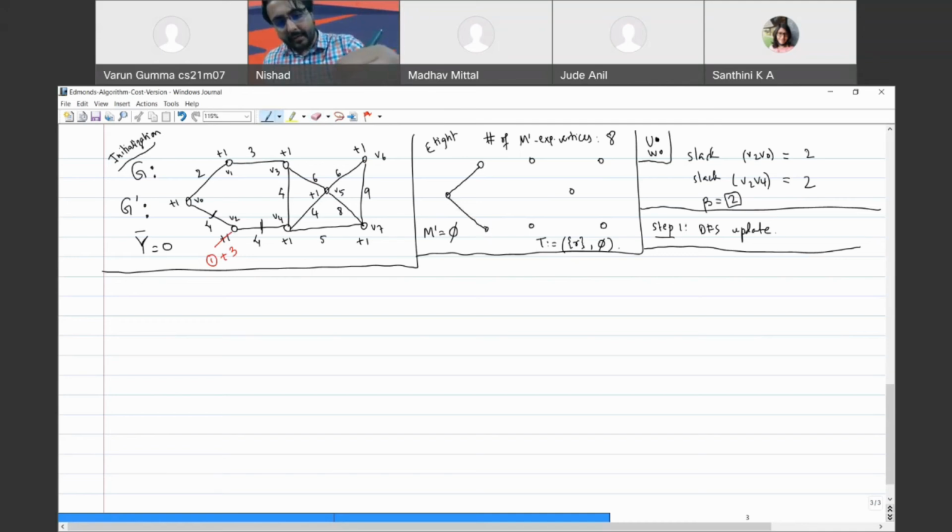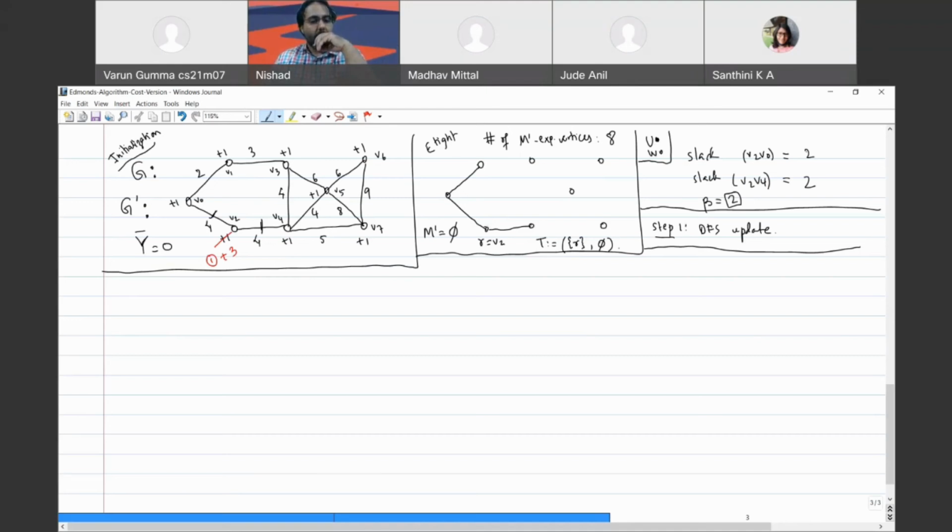This edge and this edge. And this is still the root. We are not going to change this. So our tree is still the same. It is a single vertex tree right now. And the matching has not changed either. So when we change the dual feasible solution, we are trying to make as few changes to other things as possible, right? We are not doing any other changes really.